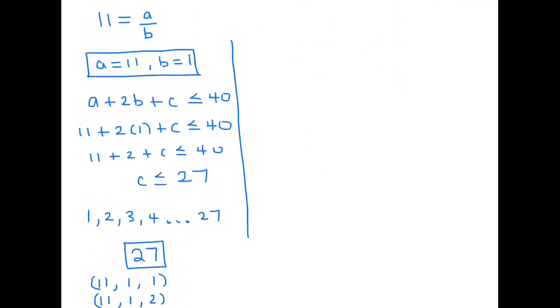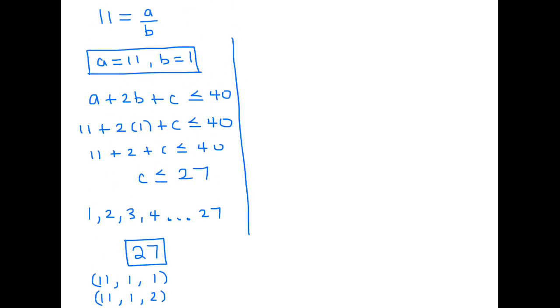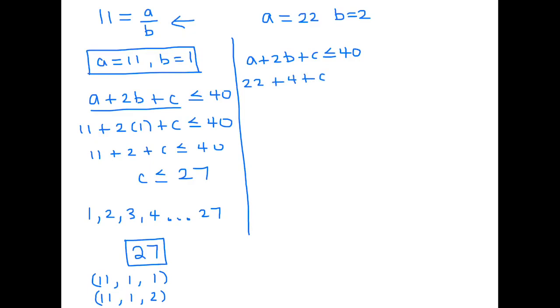So now let's keep going here and see if there's any other values we can find. a over b equals 11, so we can also have a equal to 22 and b equal to 2. If we do that, then this becomes a plus 2b plus c is less than or equal to 40. Plug in the values. We got 22 plus 4 plus c is at most 40, and therefore c is at most 14.